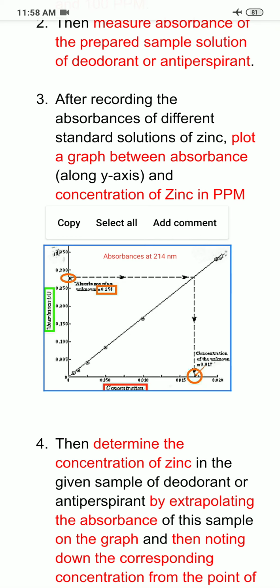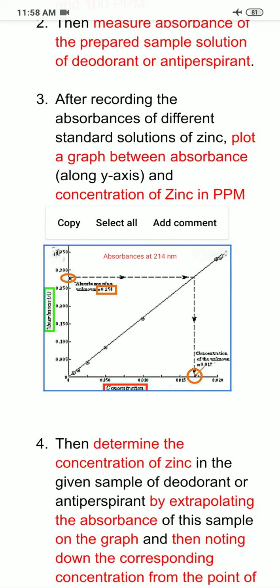Now what is the meaning of this? The meaning of this is that when you measure the absorbances of 25 ppm solution of zinc, 50 ppm, 75 ppm and 100 ppm, you recorded their absorbance at 214 nanometer and you got some values. So you plotted a graph and you will get different points. When you connect these points, you will get a straight line.